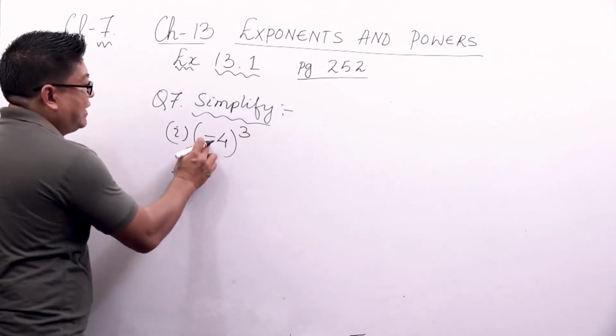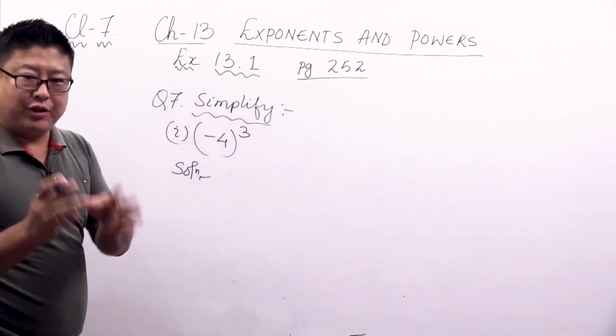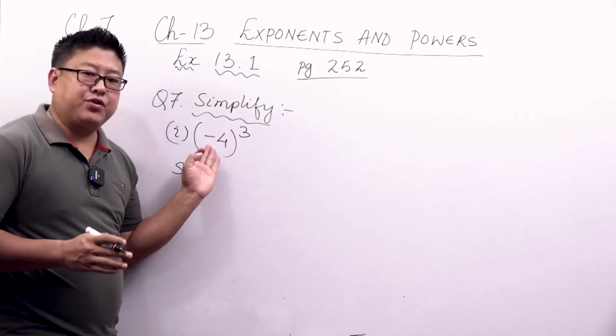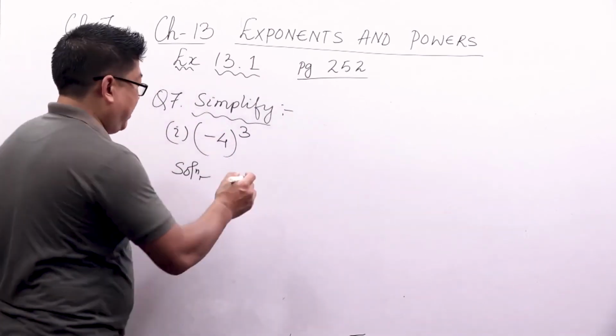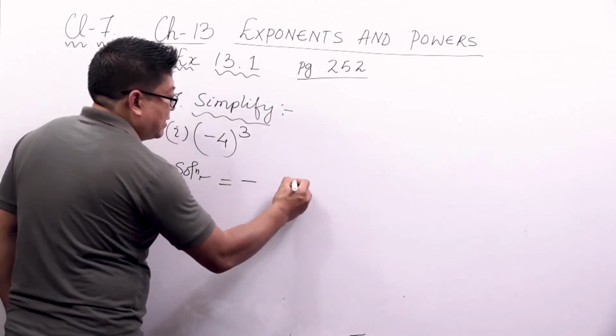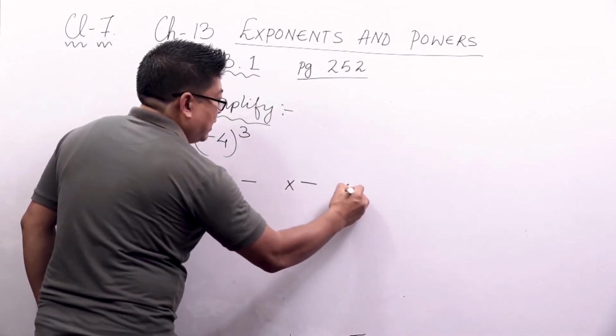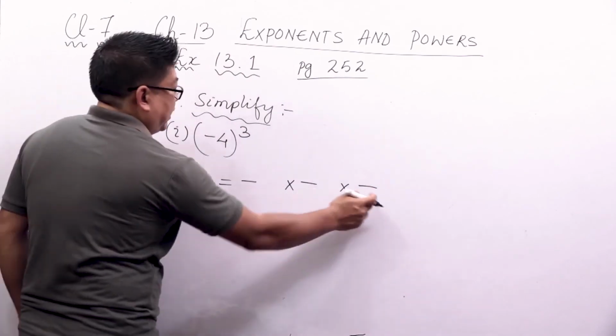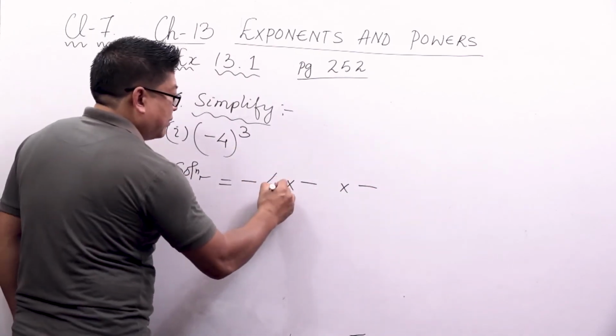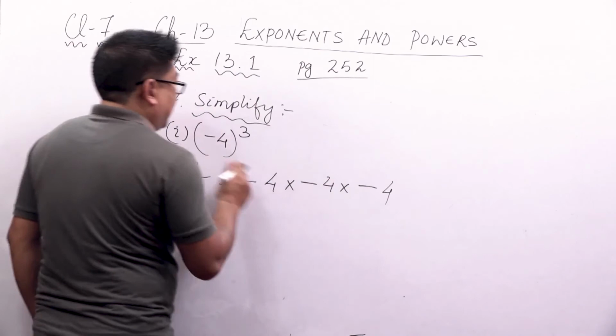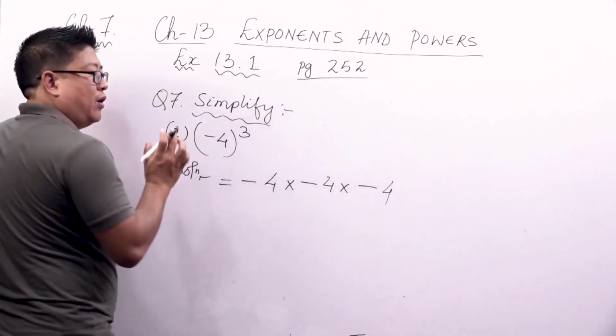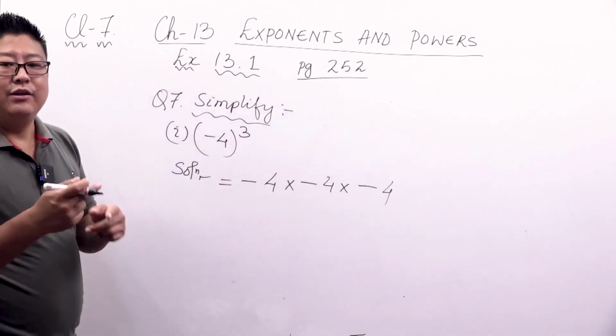That means even this minus sign is being multiplied 3 times. Minus into minus into minus, 1, 2, 3. And then 4 also 3 times. That means minus 4, minus 4, minus 4 is being multiplied.